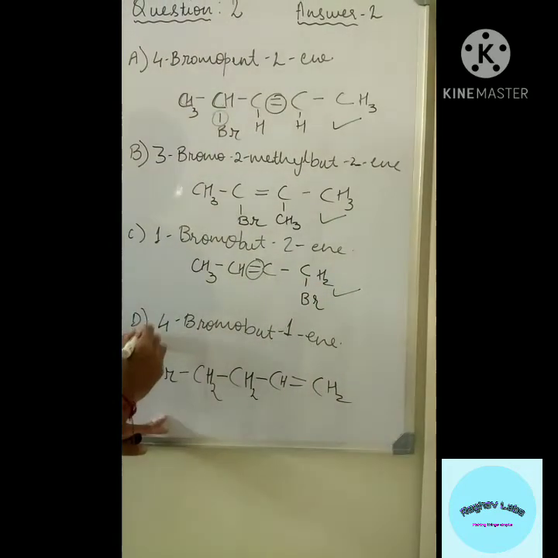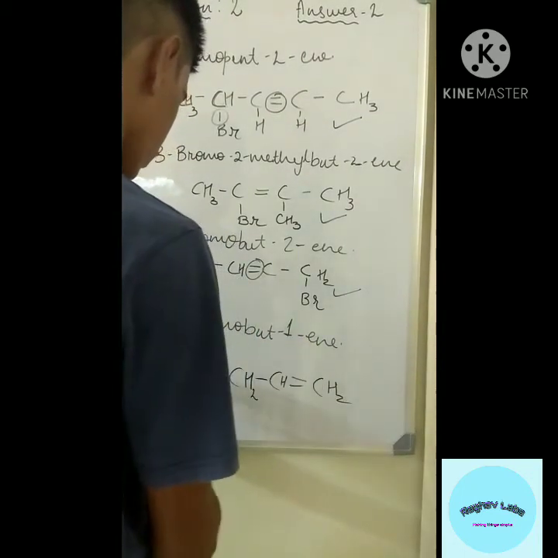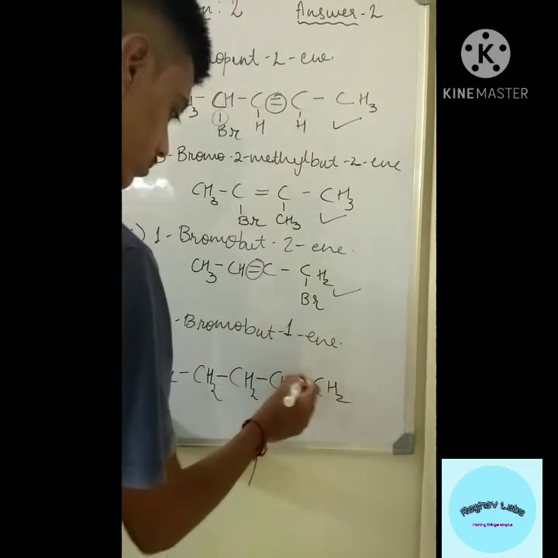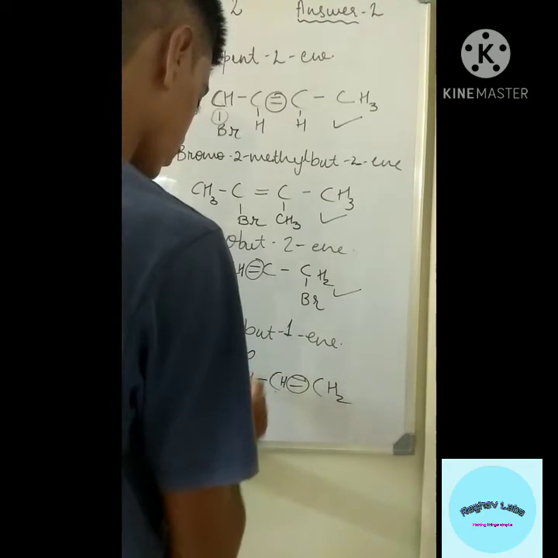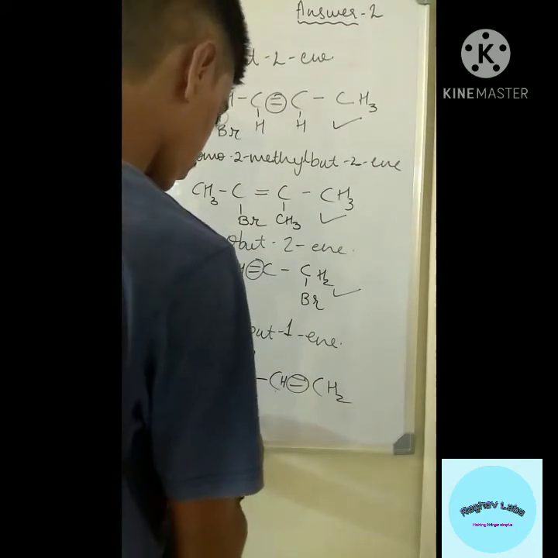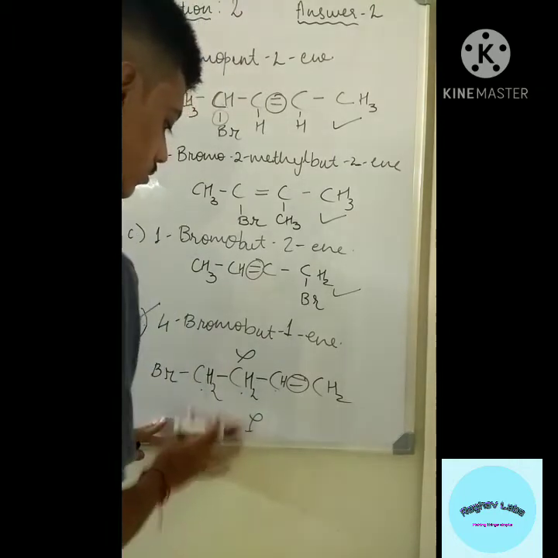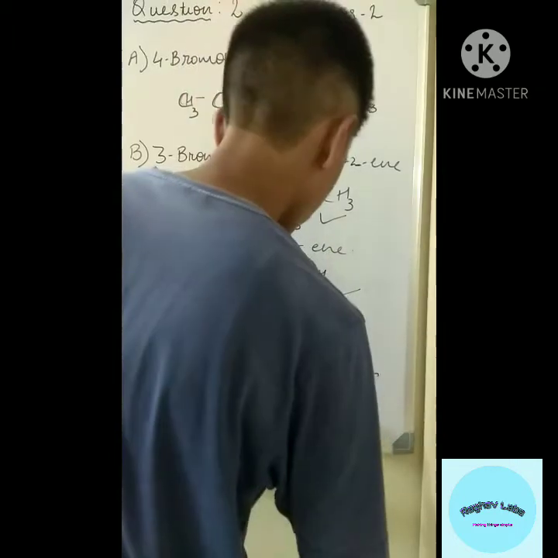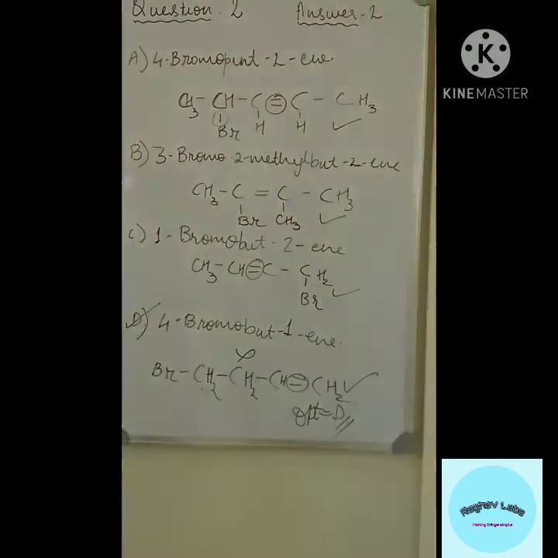So next, even option C is an allylic halide because the halogen atom is attached to a carbon atom bonded by a carbon-carbon double bond. Next, option D is the right answer, and option B is also a right answer, but I'm marking option D as the right answer, right? Thank you.